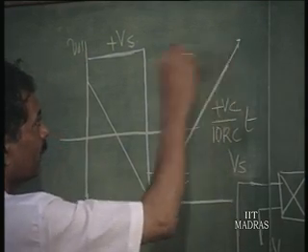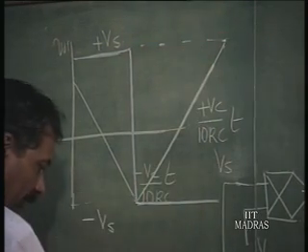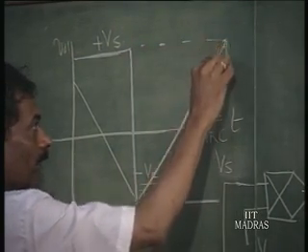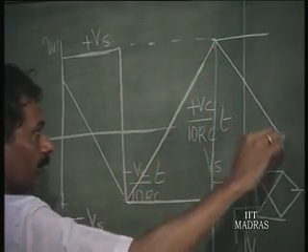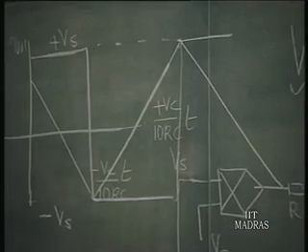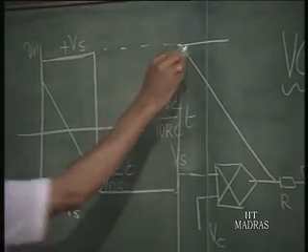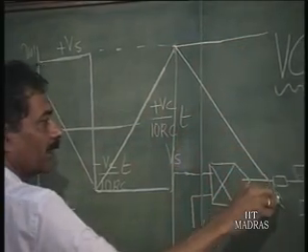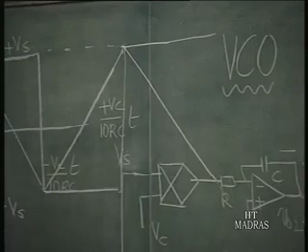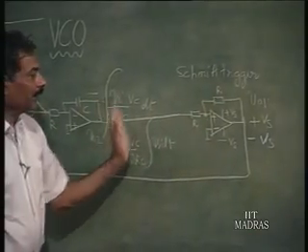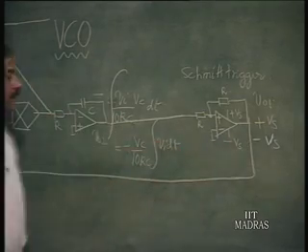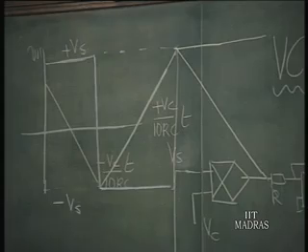So, the moment this happens, it will go to plus Vs and this will go down. This will be kept at that until this goes to minus, and again it changes state. So, you get a triangular waveform here at this point and a square waveform here. The time period can be easily computed.